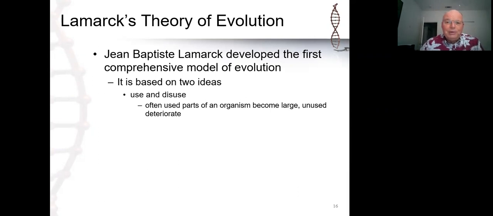cost-benefit analysis. So our modern understanding of why things get lost over the course of an organism's evolution is not because of disuse, it's because of the cost-benefit analysis. If it costs more to maintain something than the benefit you get from it, then you will lose it.